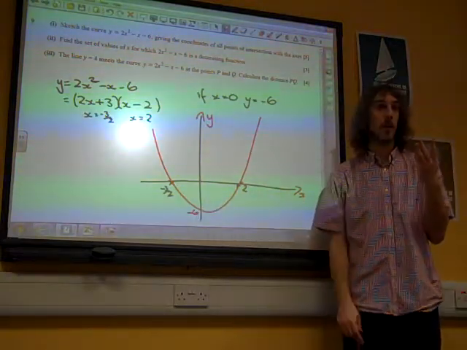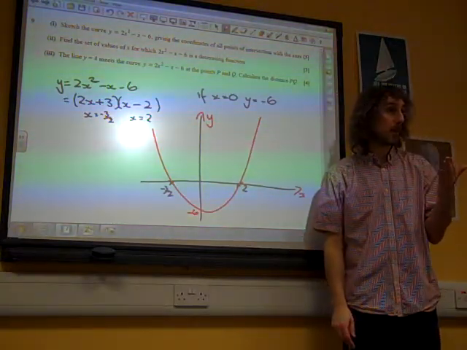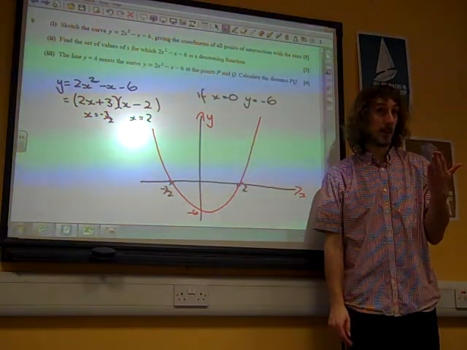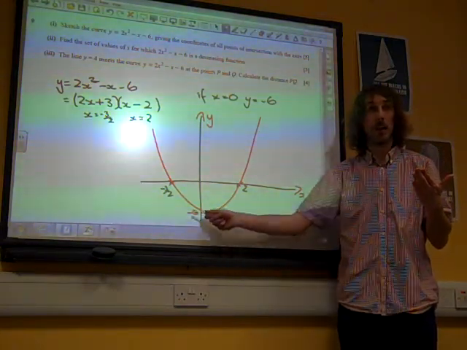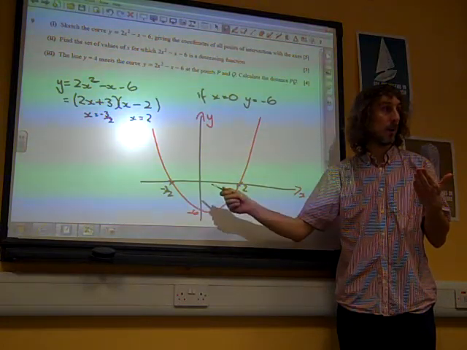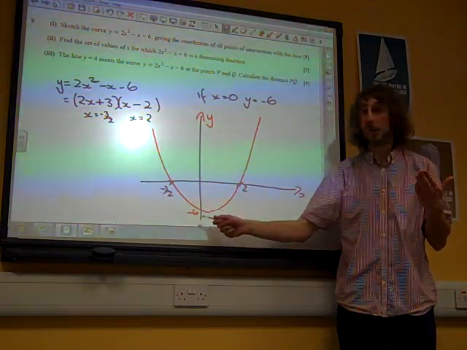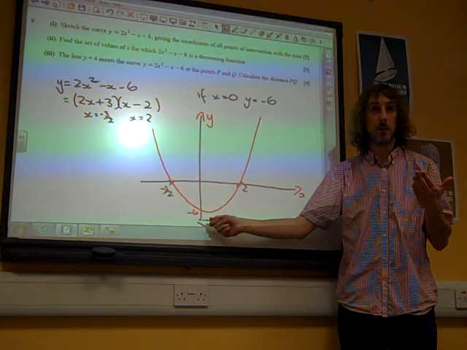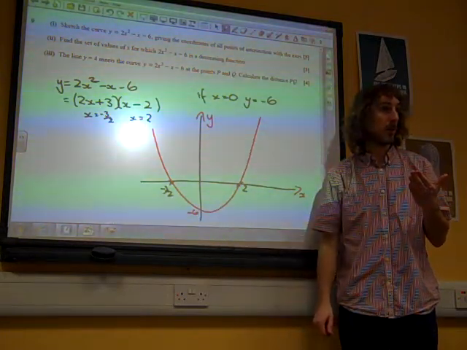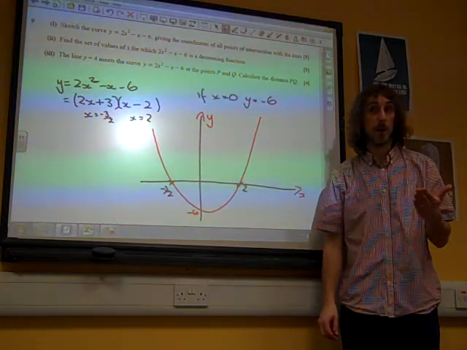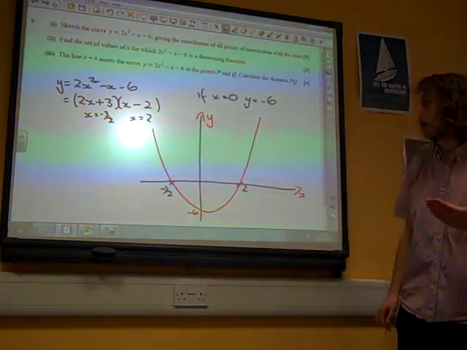There's mark number 4. And the 5th mark is for it all looking really nice, and for the minimum point being to the right of the y-axis. Quite a few of you had a minimum point of 0, minus 6 on there, and lost the final mark for that minimum point not being quite right. If anybody wants to query the marks I'm giving for that, I'll check it in a moment.